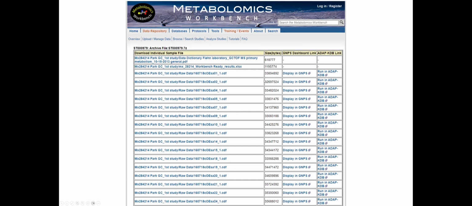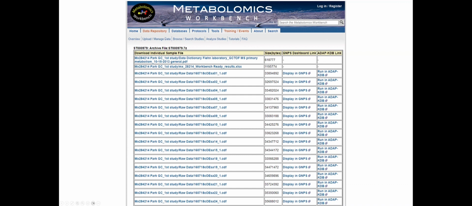We have the ability to display data in a site called the natural product site, a collaborative site that's run by Pieter Dorrestein at UC San Diego. It's a large site. We're now able to search our integrated mass spec data using GNPS resources. And we can also run these resources through ADAP-KDB that I mentioned to you previously.